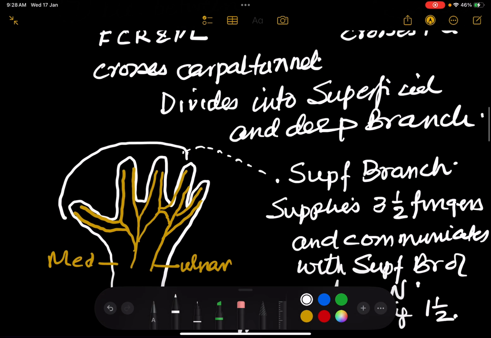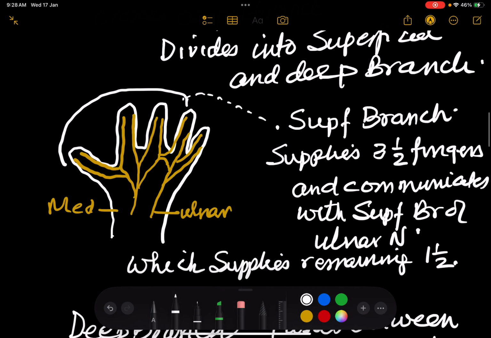The superficial branch of the median nerve supplies 3.5 fingers and communicates with the superficial branch of the ulnar, which supplies the rest of the 1.5 fingers. So they go into the web space and divide into digital nerves, which supply adjacent areas of the fingers.